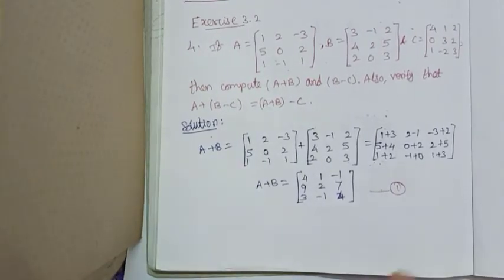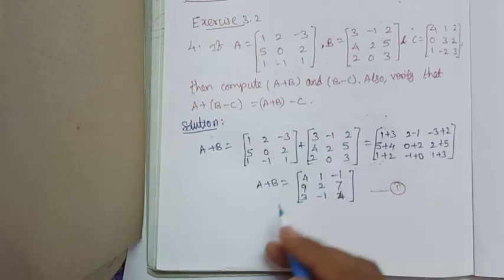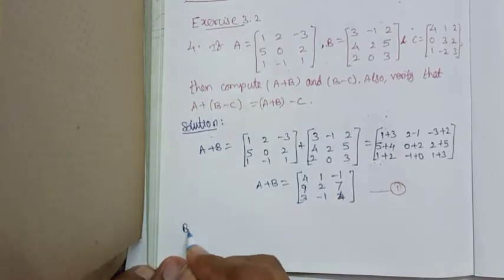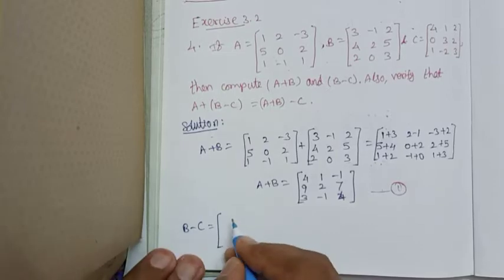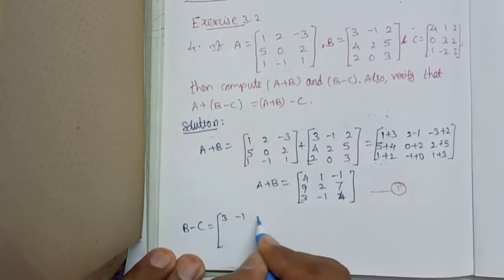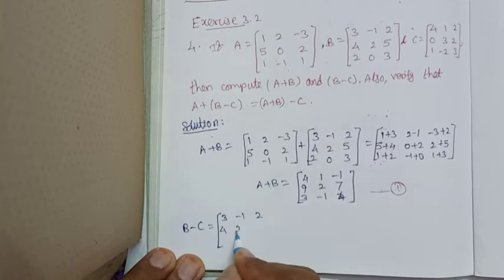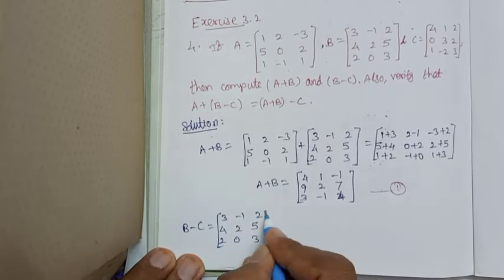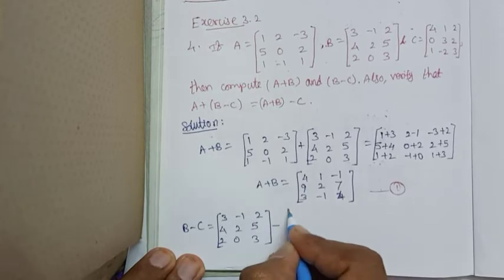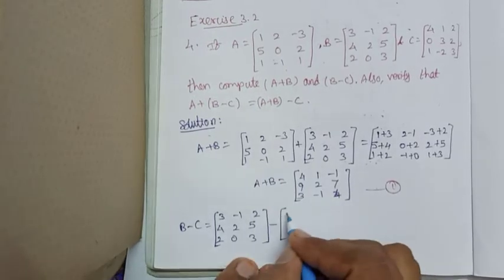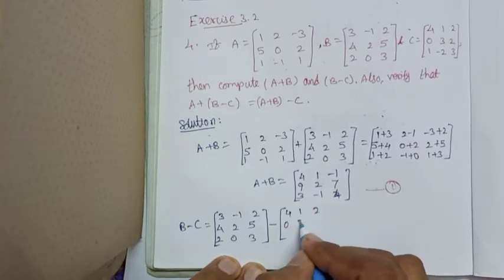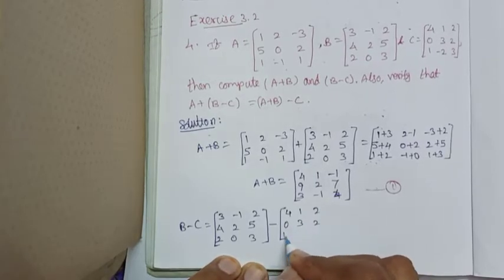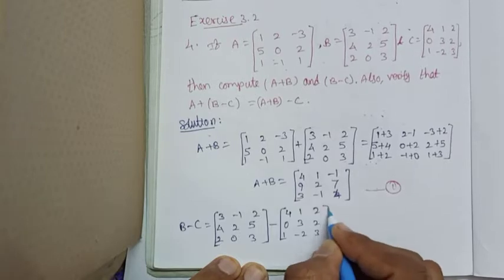Next we can find B minus C. B minus C is equal to the B matrix 3, minus 1, 2, 4, 2, 5, 2, 0, 3, minus the C matrix minus 4, 1, 2, 0, 3, 2, 1, minus 2, 3.